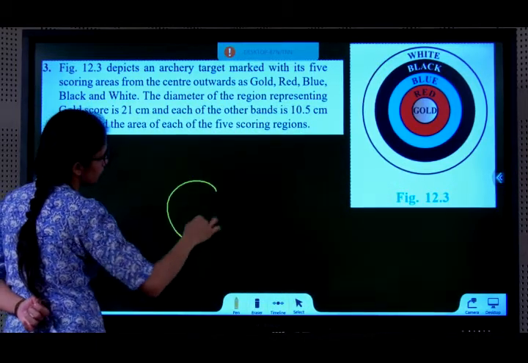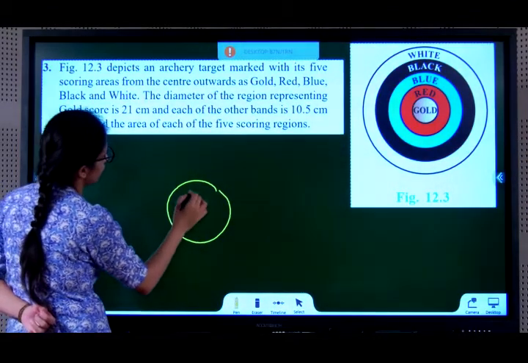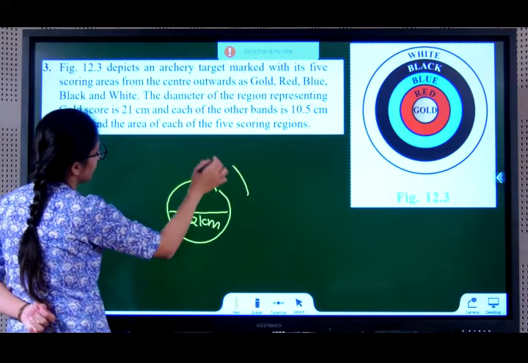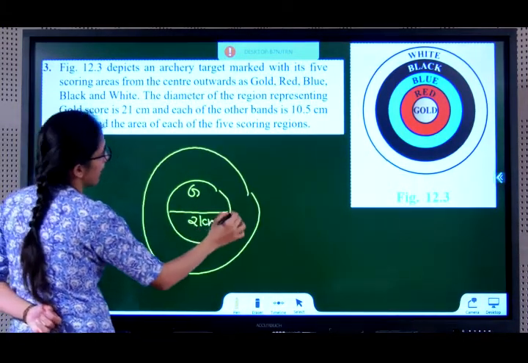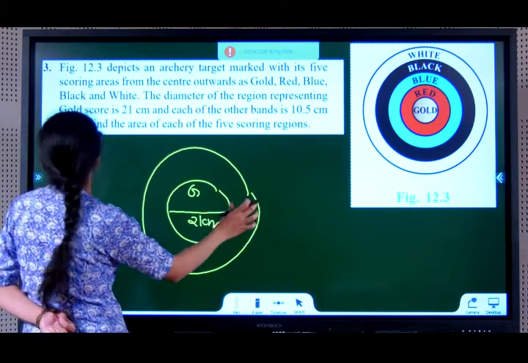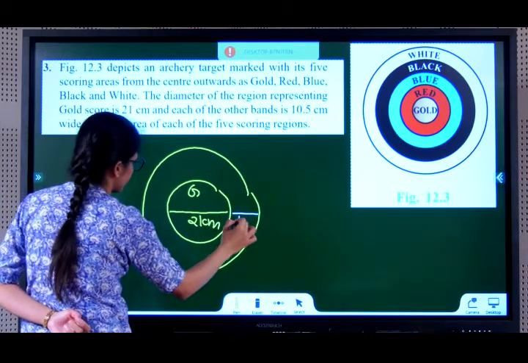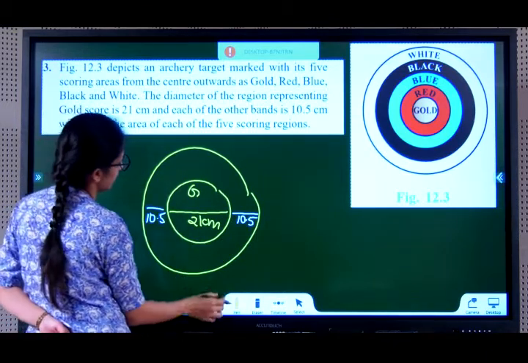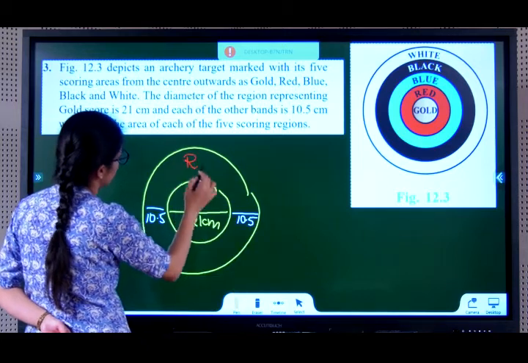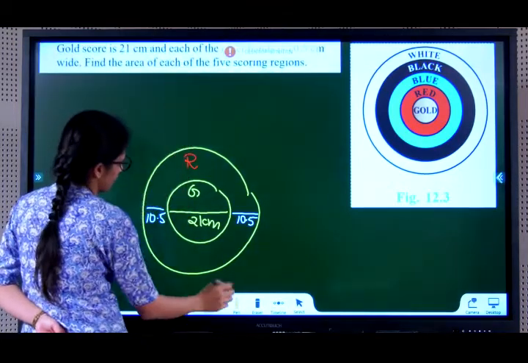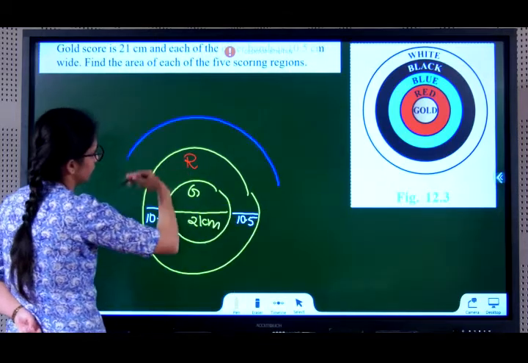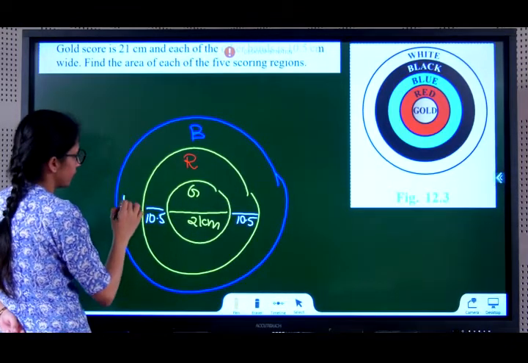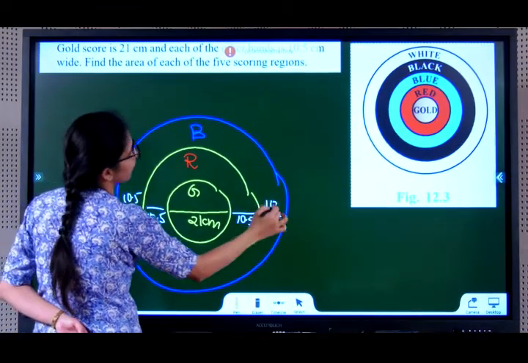So, they have given the gold. For gold, the diameter is 21 centimeters. And each of the additional bands has a width of 10.5 centimeters. So 10.5 this side, 10.5 this side. This is the next color, red. After red we have blue. Again you have 10.5 and another 10.5.